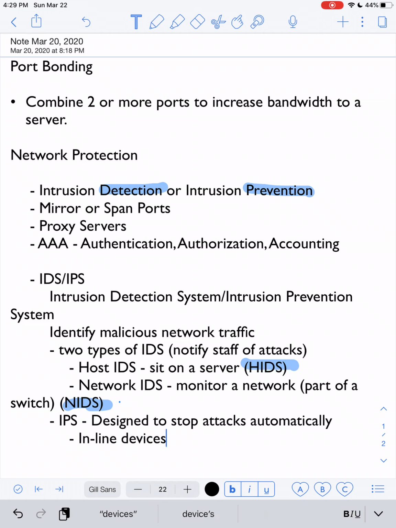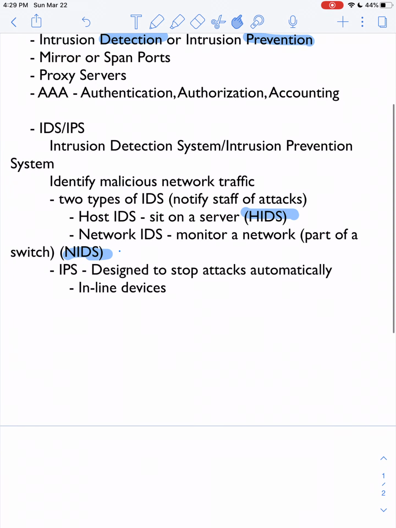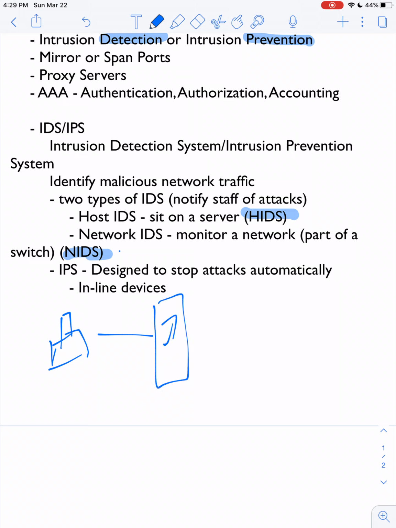And when we talk about inline, we're talking inline device. You have the workstation trying to get here. You might have a switch, and then here you're going to have your IPS.